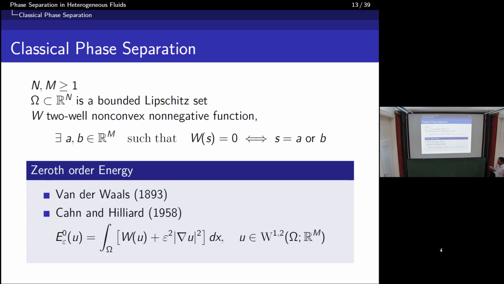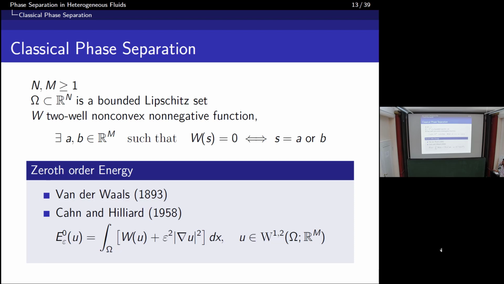I use two wells here just to simplify the terms, but you can actually do this with any different wells. You just have to replace everywhere in our paper where we cite Fonseca-Tartar, you cite Baldo, and change the formulas a little bit. So it's not a huge issue.